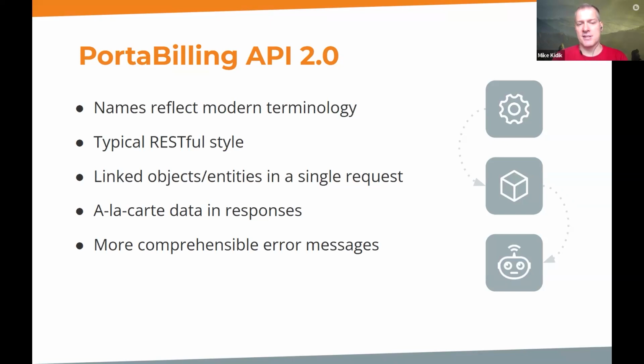The next improvement is related to querying data from the PortaBilling. So with the existing API, when you, let's say, read the customer information, that customer object or customer structure would have references to other objects.